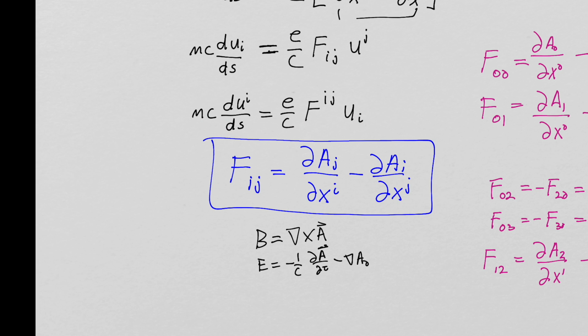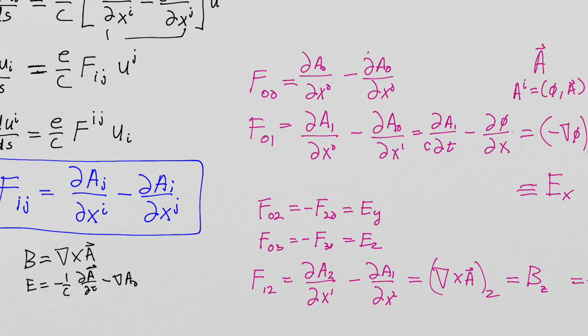But this, combined with the fact that B is del cross A and E is defined as this expression of the 4-potential, is how we now must think about the electromagnetic field. From this point on, we're always going to think of it in terms of the electromagnetic field tensor or the 4-potential, but this is the definition that links the two together.